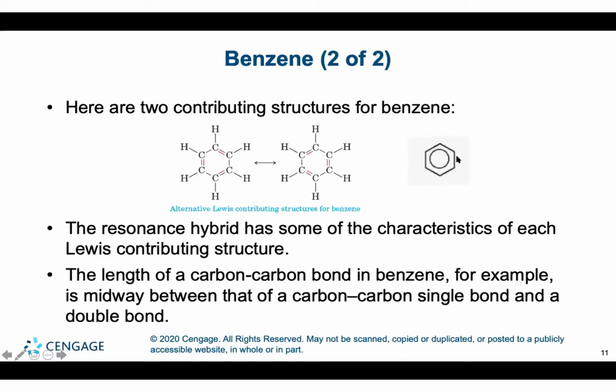That's basically the resonance; it shows that these two are resonance structures, and that these bonds are not single or double bonds. They are between a double bond and a single bond, which we call 1.5 bonds.